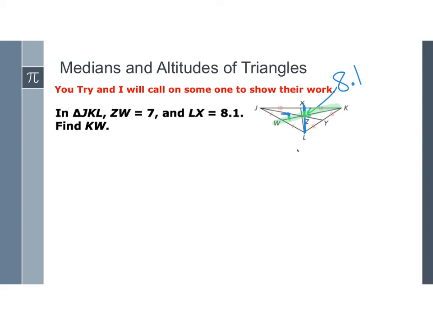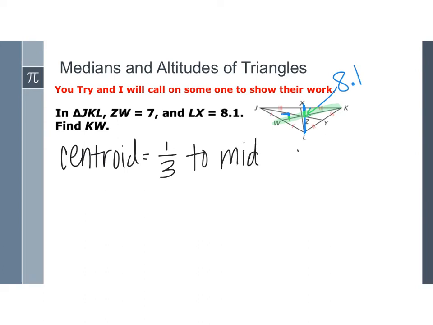Because by definition, the centroid is 1/3 of the distance to the midpoint, and I know that ZW is 7.